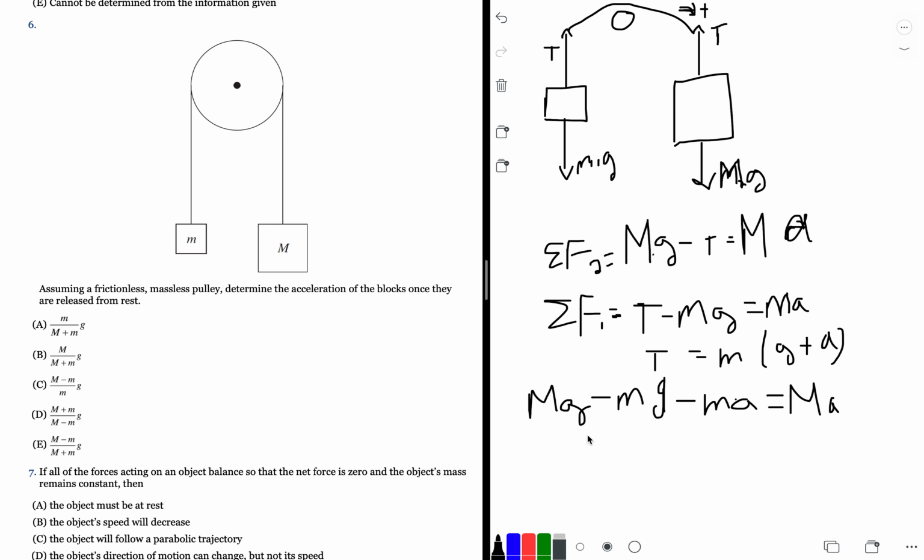Move it over, and you get Mg minus mg divided by M plus m.